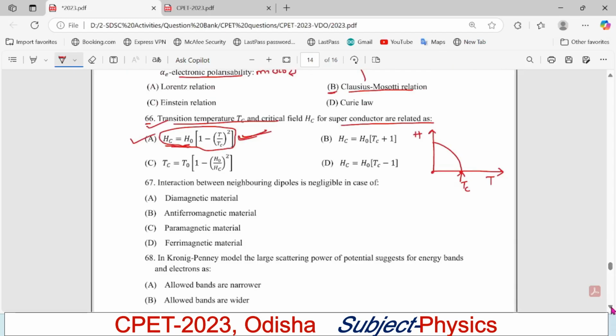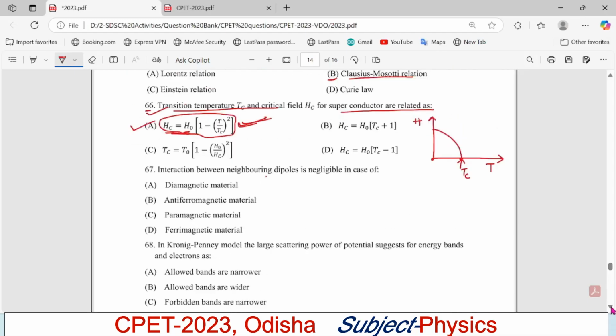Next question: interaction between neighbor dipoles is negligible in the case of diamagnetic, antiferromagnetic, paramagnetic, or ferromagnetic material. The answer is C, paramagnetic material. In paramagnetic material the neighbor dipole interaction is negligible, because you may remember that in ferromagnetic material there is an exchange field. The exchange field is nothing but a link from one dipole to another dipole.